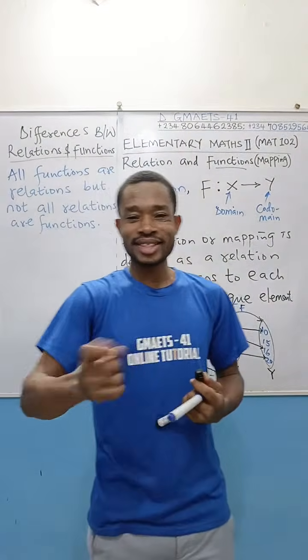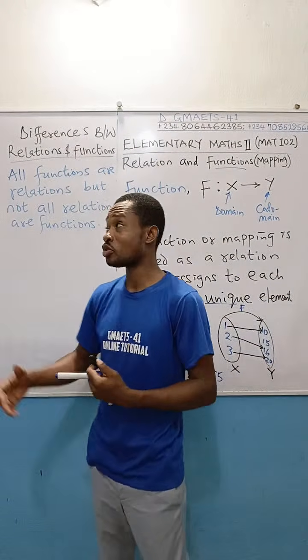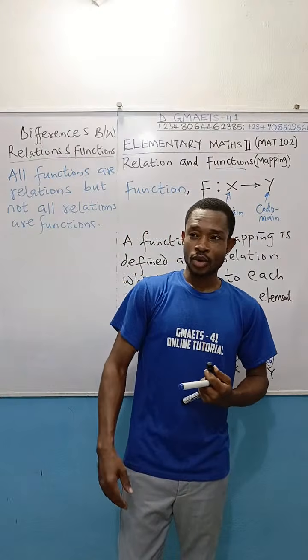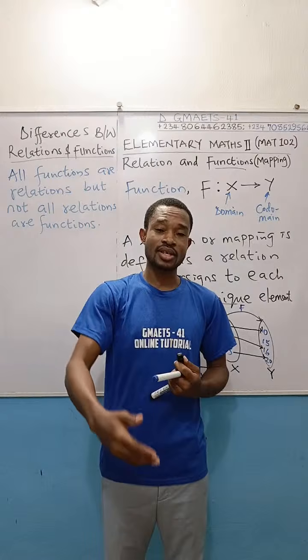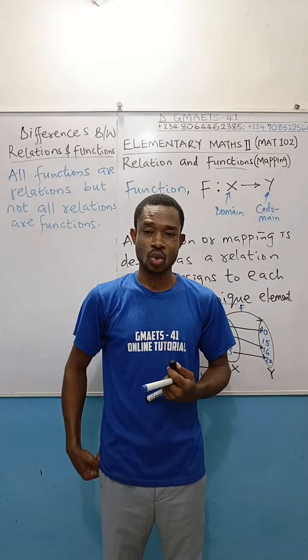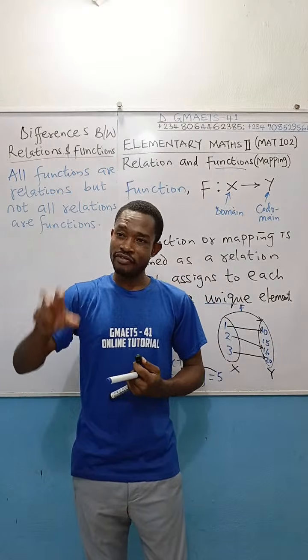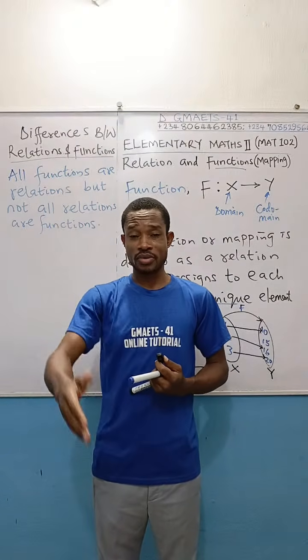You would have to take down these as I state the conditions, because I won't write them on the board. If you want a certain note on it, you can still take it from the GMAT 41's Math 101, 102 playlists. I have a video lesson that deals with this particular concept with a note well written on the board.